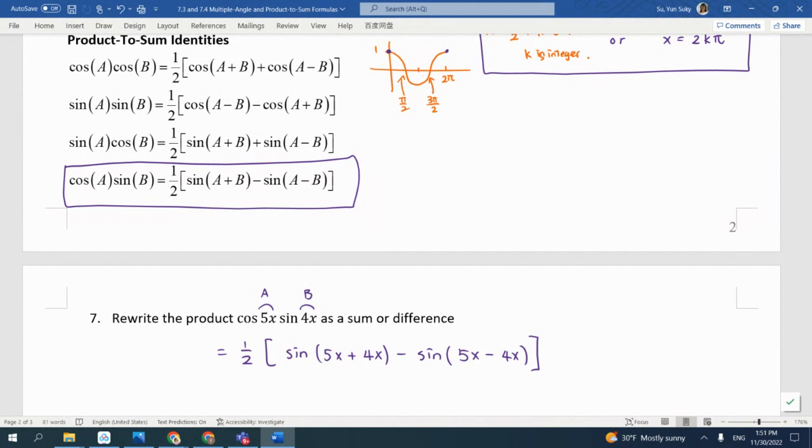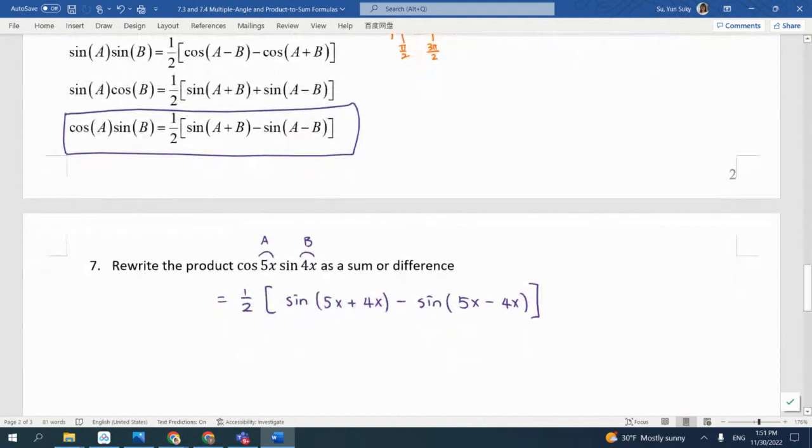All right. And what happened? You get 1/2. What's 5x plus 4x? 9x, right? And then minus sine, 5x minus 4x is x. Yeah, that's it.